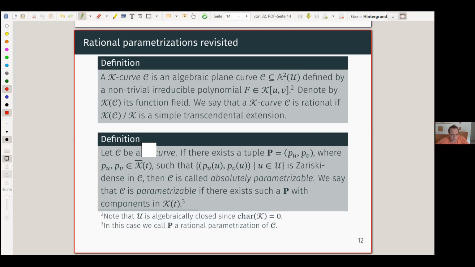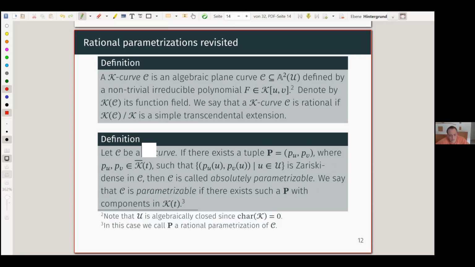And to make this not too lengthy, I'll typically take the approach from field theory, where I say, well, such a rational parameterization is actually a generic point given by rational functions, and a rational curve is one whose function field is just a simple transcendental extension of K.